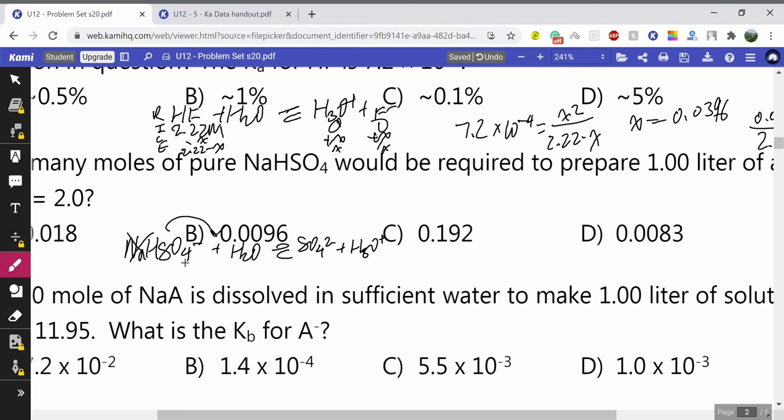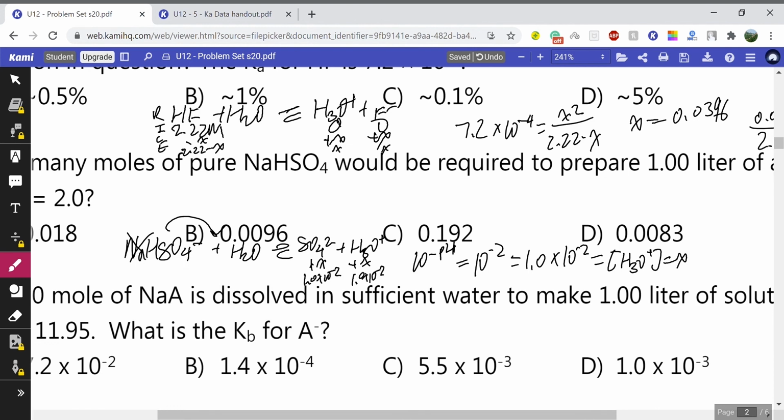Okay, so 10 to the negative pH power is going to be equal to 10 to the negative second power, which would be 1.0 times 10 to the negative 2, which is the concentration of H3O plus, aka our x. So plus x is going to be equal to 1.0 times 10 to the negative second.